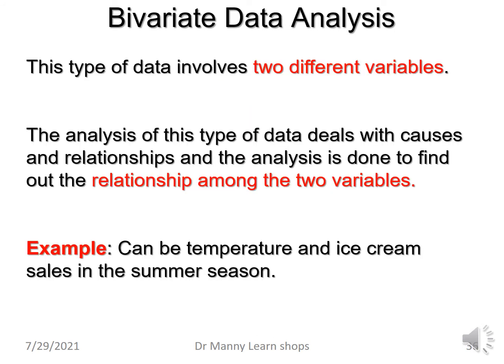Bivariate data analysis. This is the type of data that involves 2 variables. The analysis of this type of data deals with cause and relationships, and the analysis is done to find out the relationship among 2 variables. So an example could be temperature and ice cream sales in the summer season.